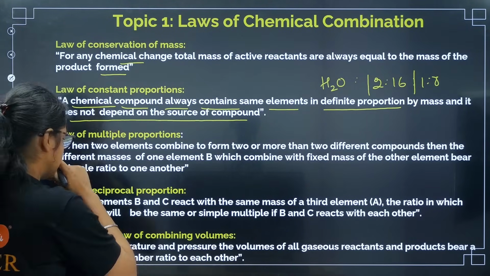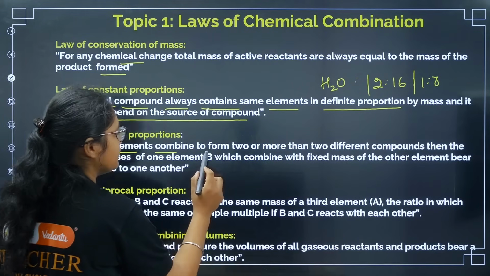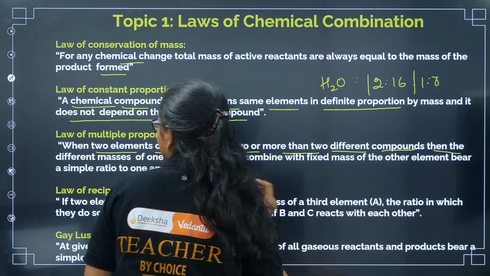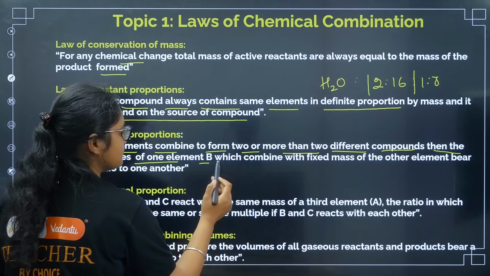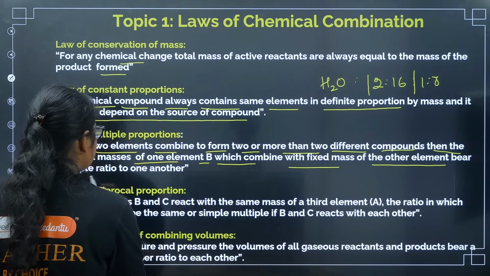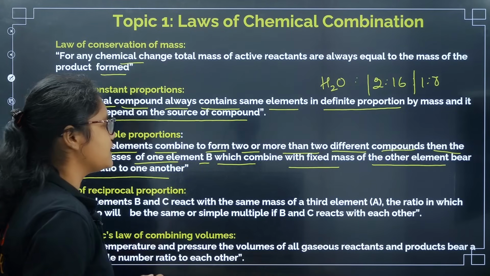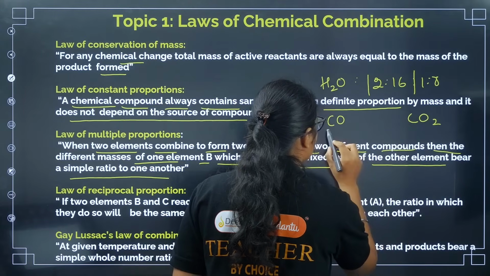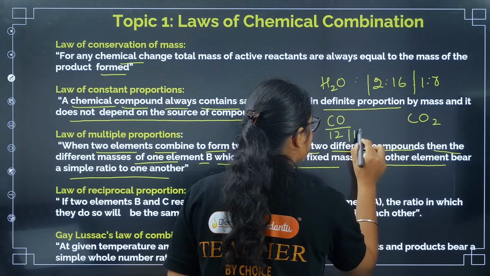Next, law of multiple proportion. When 2 elements combine to form 2 or more than 2 different compounds, then the different masses of one element, which combine with the fixed mass of the other element, bear a simple ratio to one another. Like for example, we'll take CO and CO2, right? In CO, carbon mass is 12, oxygen mass is 16.